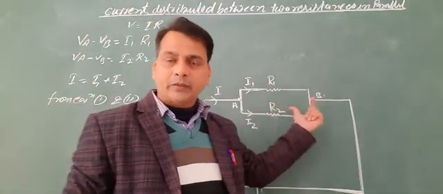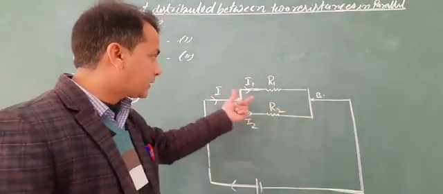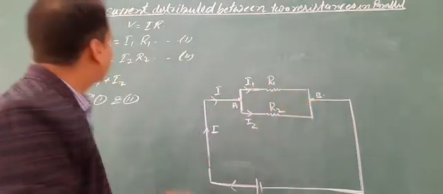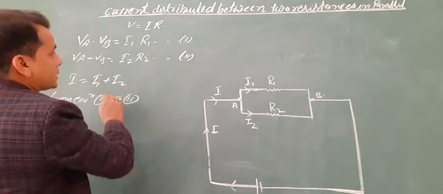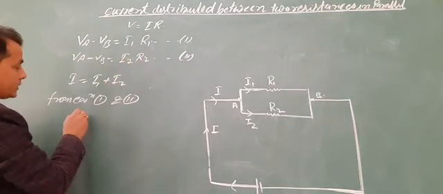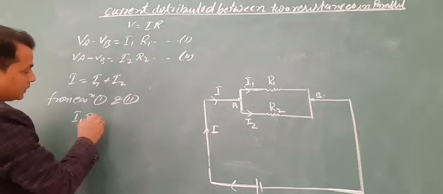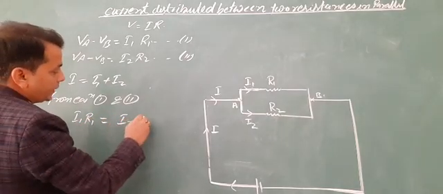So from equations 1 and 2, I1 R1 equals I2 R2.